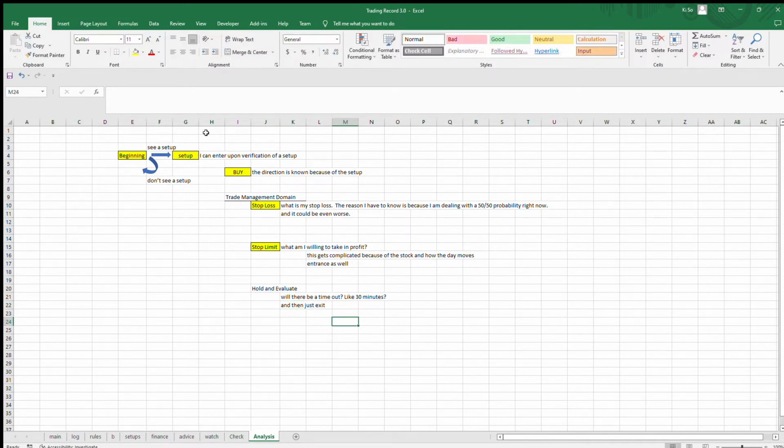So what I need to work on to enhance is the setup. Define all the setups and the magnitude of the direction.